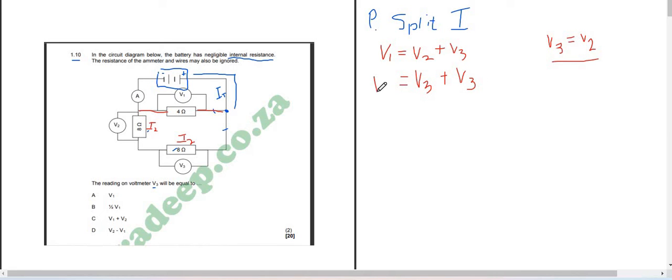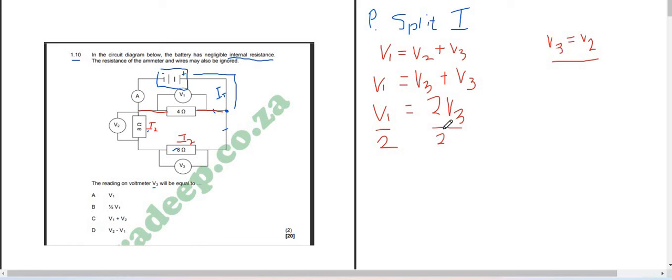So then you have V1 on this side, right? But now you see, okay, this is a bit of math. V3 plus V3 means I have 2 V3s. And then on the other side, you still have V1. And I want to see how much, in relation to V1, how much is V3. It means I now divide both sides by 2. Divide by 2.